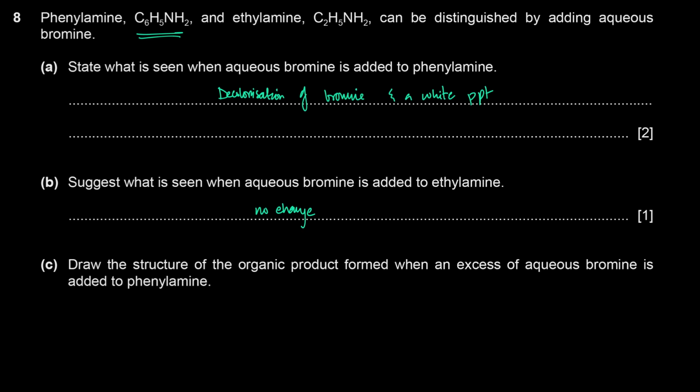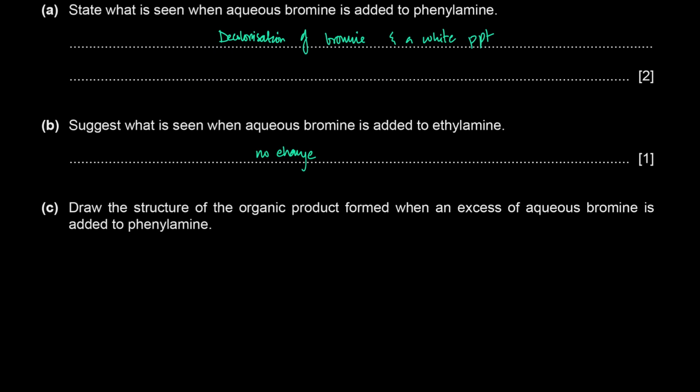And the structure of the organic product when excess of aqueous bromine is added to phenylamine. Now, if you guys remember, for phenylamine, when it reacts with aqueous bromine, you have this tri-substituted product, okay? And this is because phenylamine is highly reactive due to the overlap of the electrons on the nitrogen, the lone pair, into the benzene ring, right?